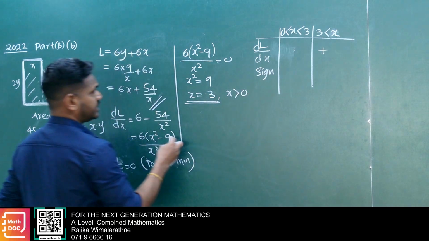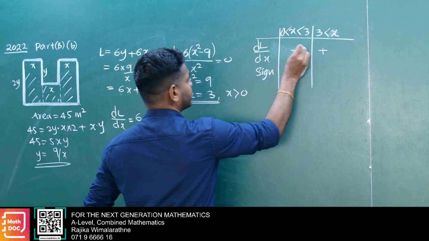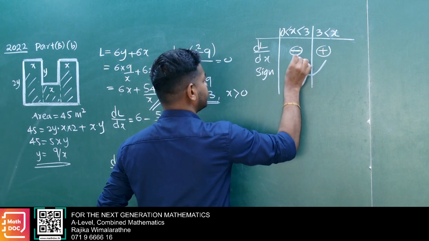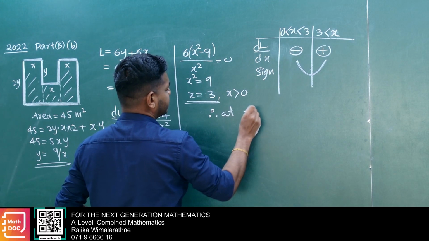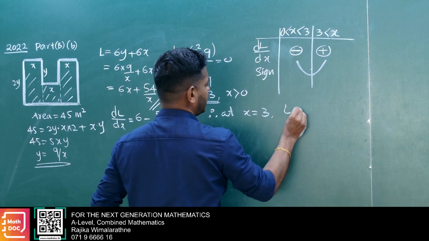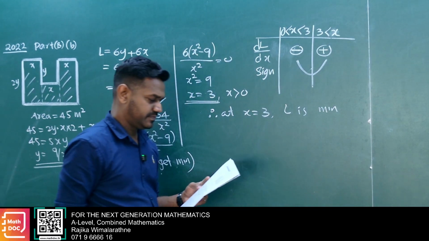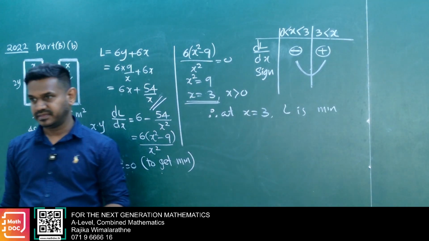Less than 3, it is less than 9, so negative. Then negative to positive variation means minimum. Therefore at x equals 3, L is minimum. Find the value of x such that L is minimum. That's it.